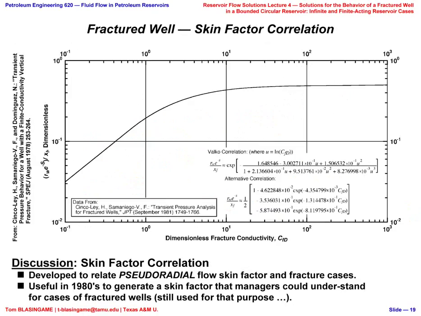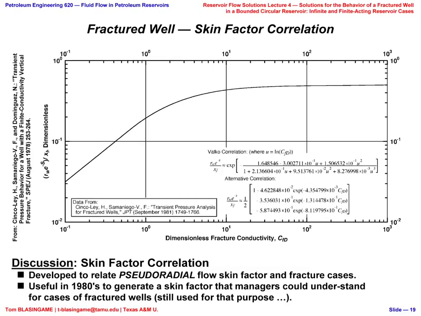This is the famous plot by Cinco and Samaniego, and I want to be honest, whenever you're sitting here looking at this, you're probably all going, what the hell is this? So on the y-axis, it's rw, the wellbore radius, e to the minus s, where s is the radial flow skin factor, not the fracture face skin, divided by xf, plotted against dimensionless fracture conductivity.